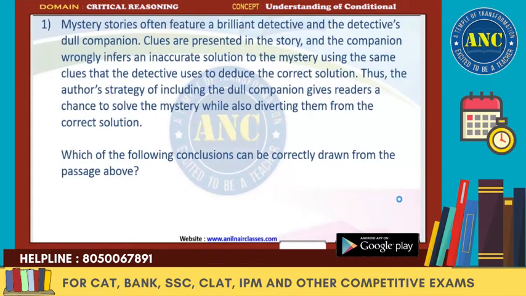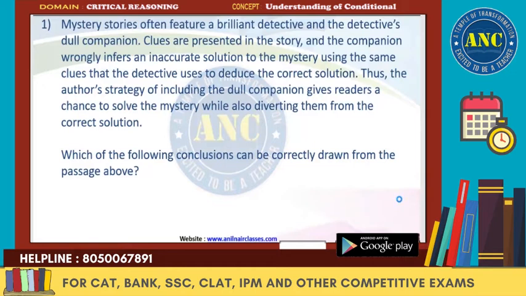Mystery stories often feature a brilliant detective and the detective's dull companion. Clues are presented in the story and the companion wrongly infers an inaccurate solution to the mystery using the same clues that the detective uses to deduce the correct solution. Thus, the author's strategy of including the dull companion gives readers a chance to solve the mystery while also diverting them from the correct solution.